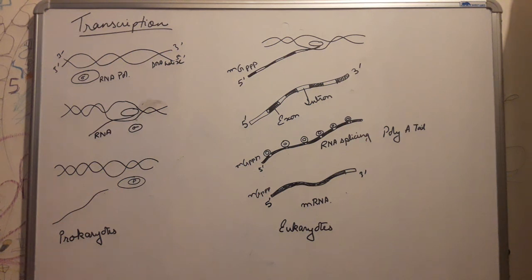The unwanted base sequences, introns, are removed, which is called splicing. A cap is added to the 5' end and a tail to the 3' end. These cap and tail protect the RNA from degradation by enzymes. So these are the important events, and finally the functional mRNA is formed. Okay, so the transcription process completes.